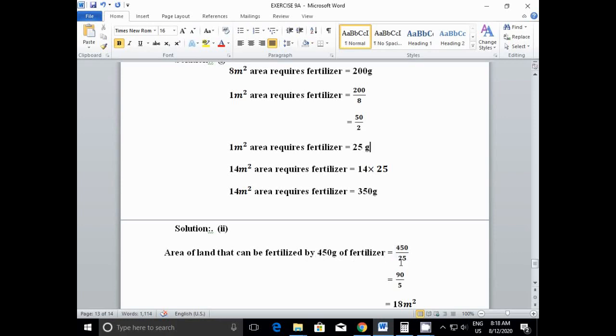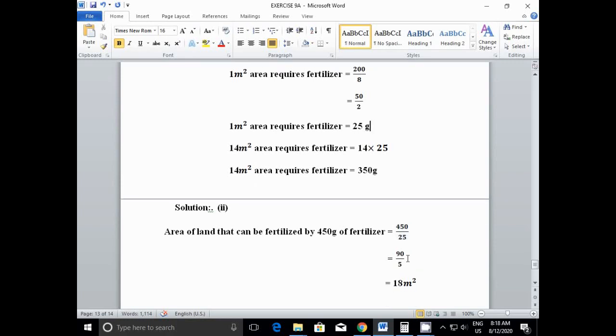Now both numerator and denominator are divisible by 5. So if we divide this numerator 450 by 5, we get the quotient 90. Same as divide this 25 by 5, then we know that 5 times 5 is 25. Now 90 can be divided by 5, so the quotient will be 18 meter square.